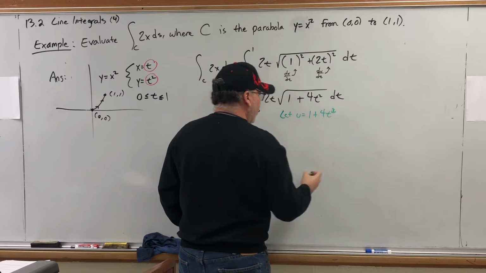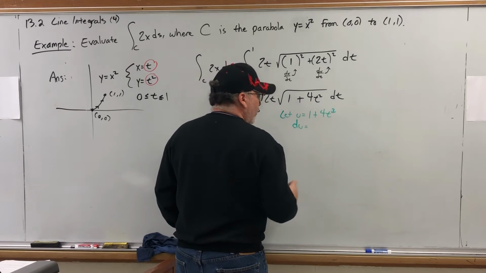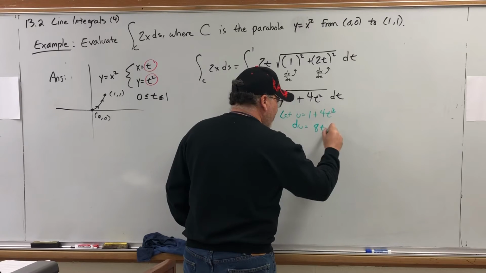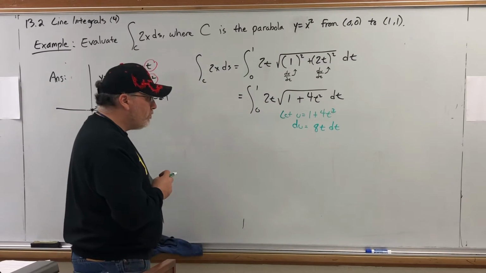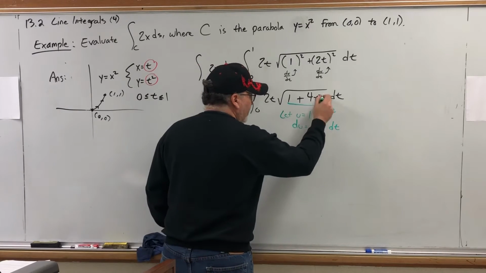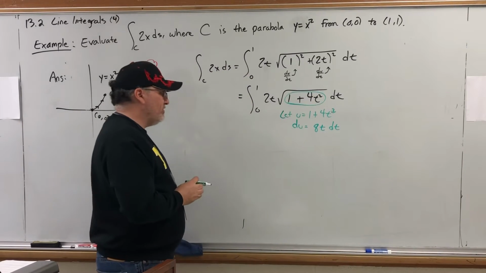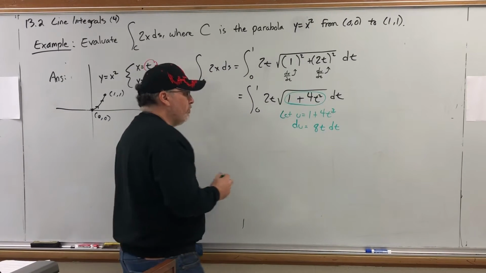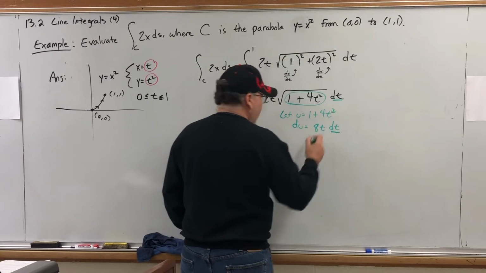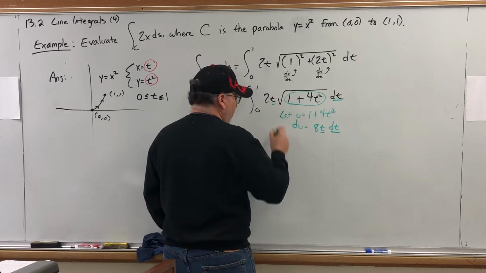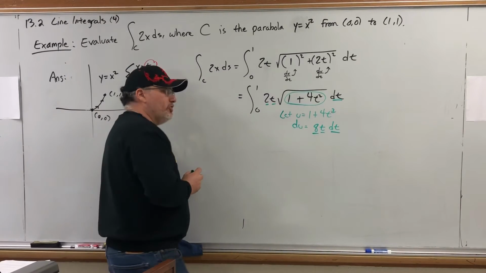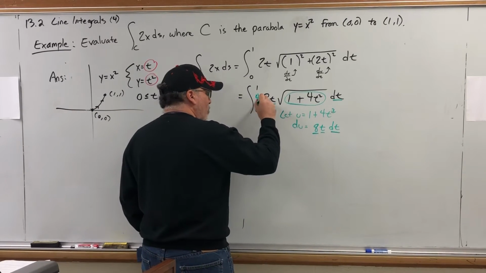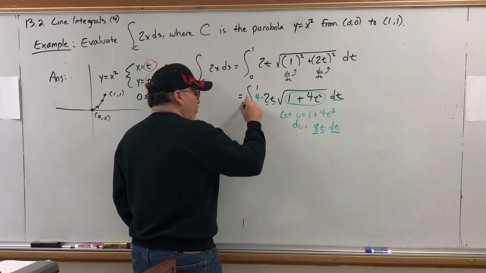And as a consequence, du would be 8t dt. Okay, so the radicand will become a u, and we need the rest of the stuff to become the du. Well, we've got the dt, and we've got the t, but we have a 2 and we want an 8. So to turn a 2 into an 8, we would have to multiply by 4. But we have to balance that with a 1/4.